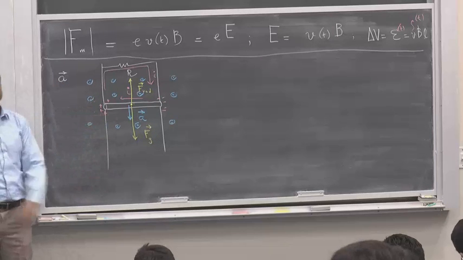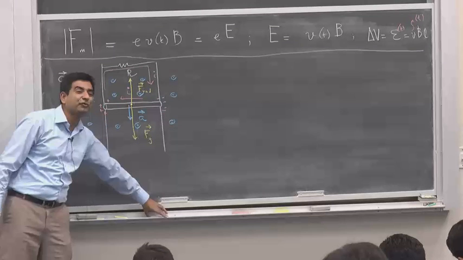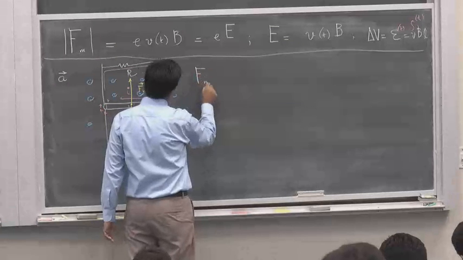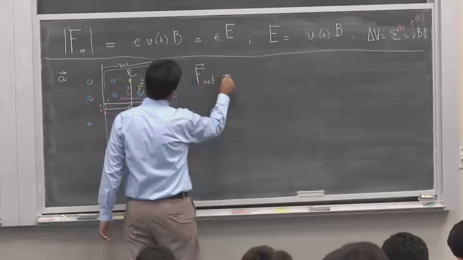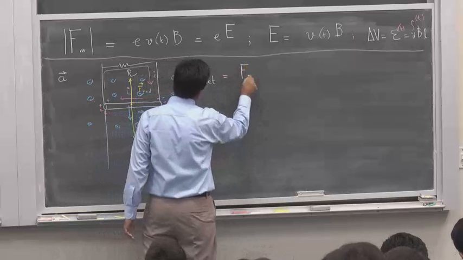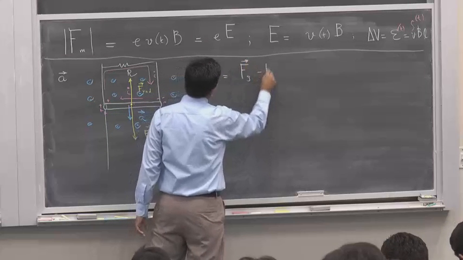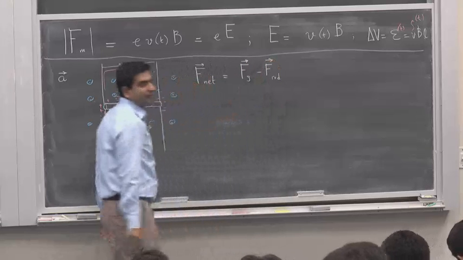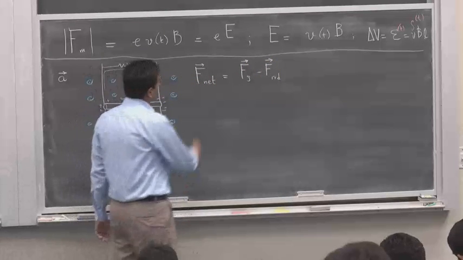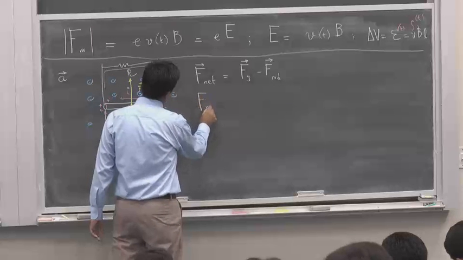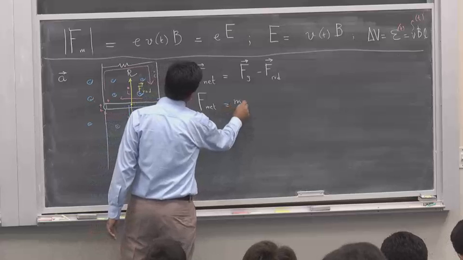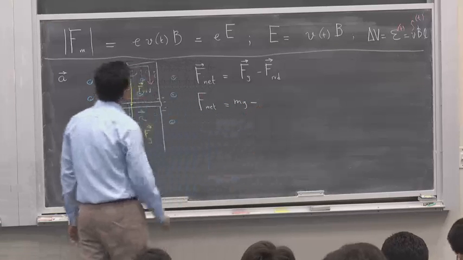Now you have two forces acting on this rod, and there's a net force that acts on the rod. That net force, F net, equals F due to gravity minus F on the rod. The magnitude of F net is going to be mg minus F on the rod.